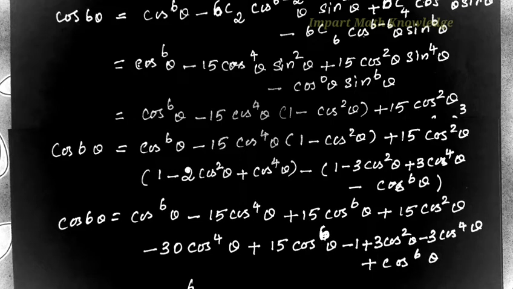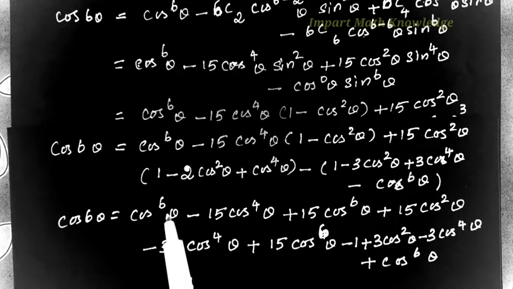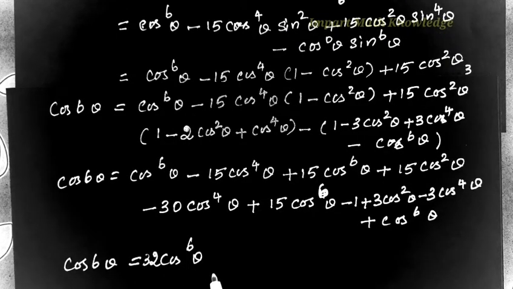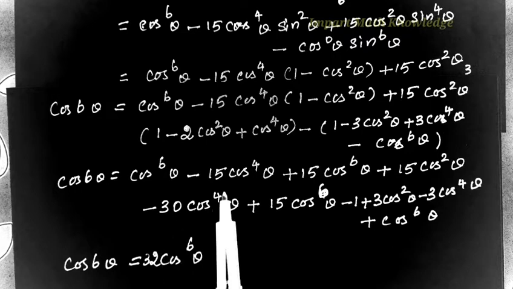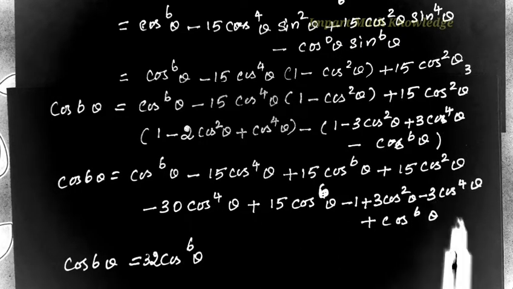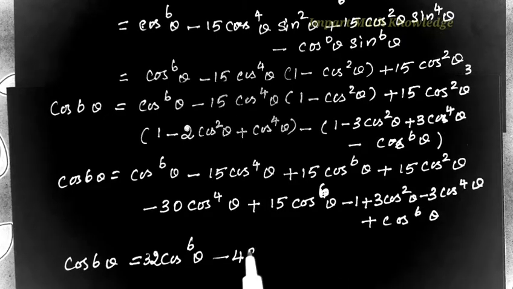Here the highest power is 6. So add all the sixth power terms. Cos power 6 theta plus 15 cos power 6 theta plus 15 cos power 6 theta plus cos power 6 theta is 32 cos power 6 theta. Next you add all the fourth power terms, that is 15. Here you have 30, so 45. Here you have 3, so 45 plus 3 is 48, minus 48 cos power 4 theta.